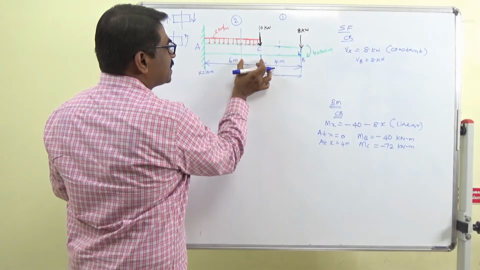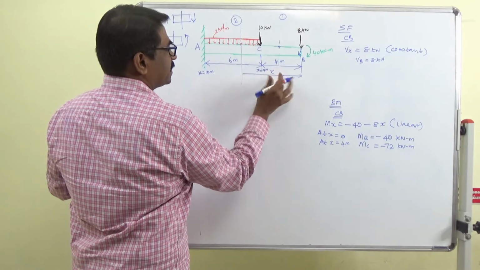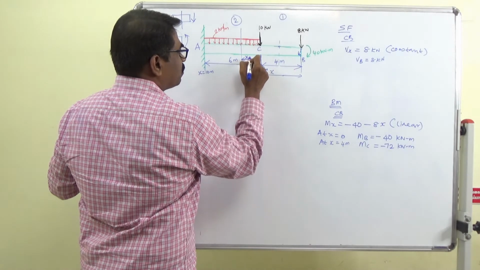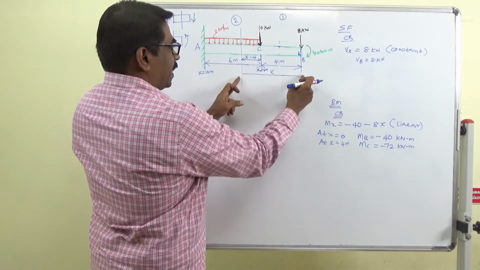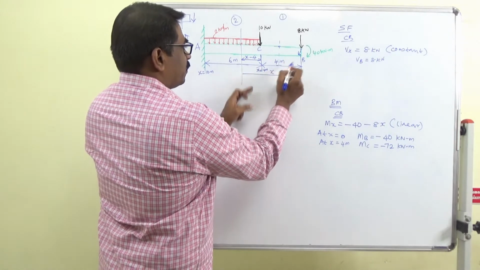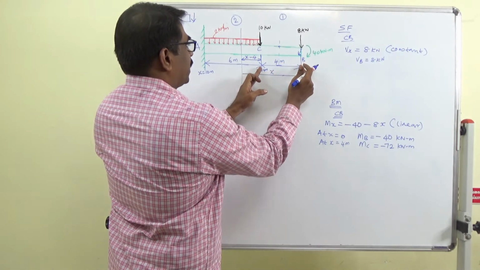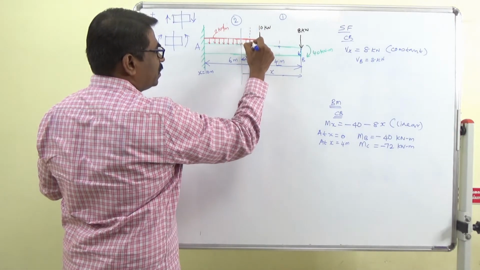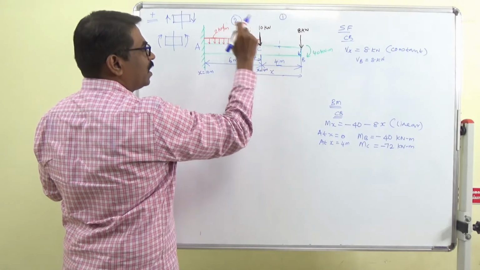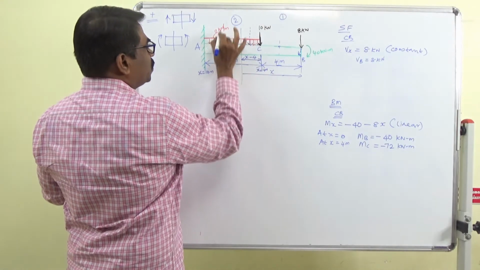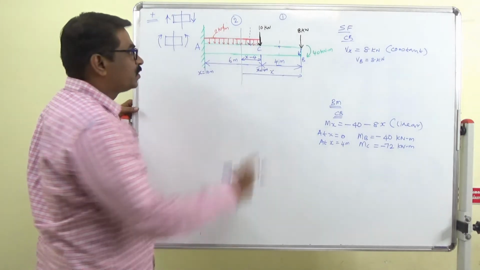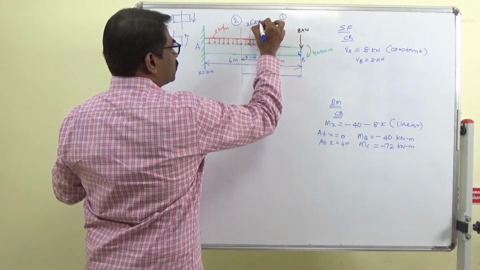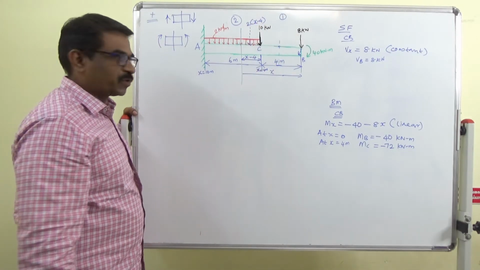What is this distance? This distance is x minus 4, right? So the point load, if I change this UDL into a point load, 2 is the w, so 2 into x minus 4 is the force.